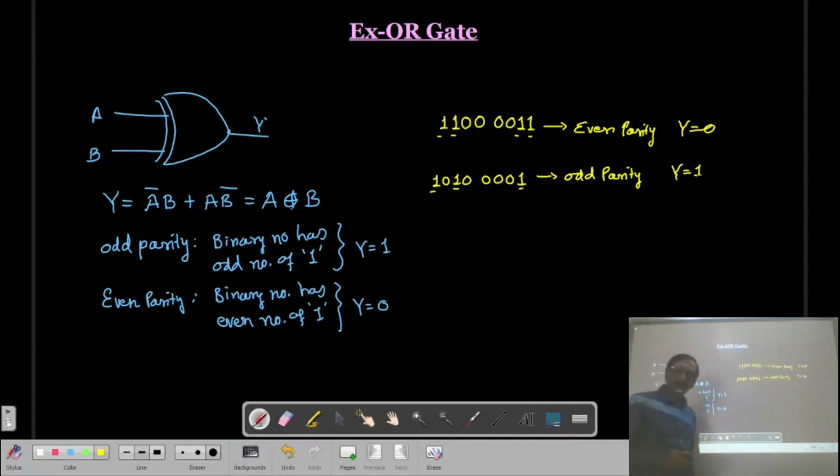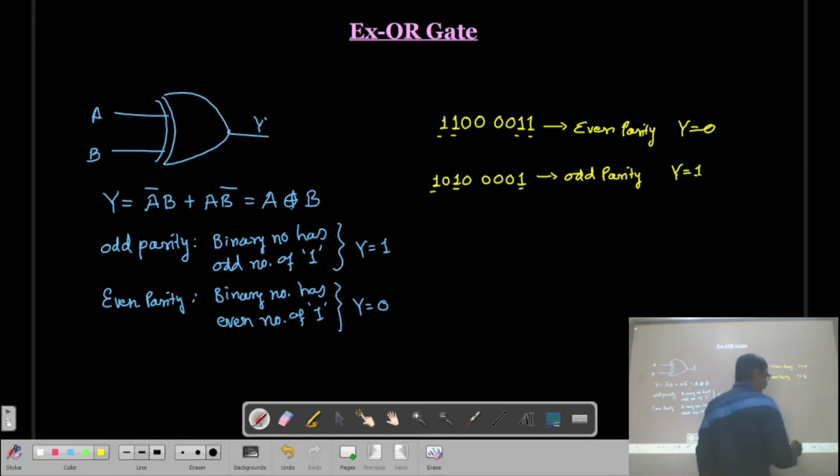So in this way you can check the parity of your binary number with the help of the exclusive OR gate. Now we again see one more example where the exclusive OR gate has 3 inputs and how to draw this waveform.